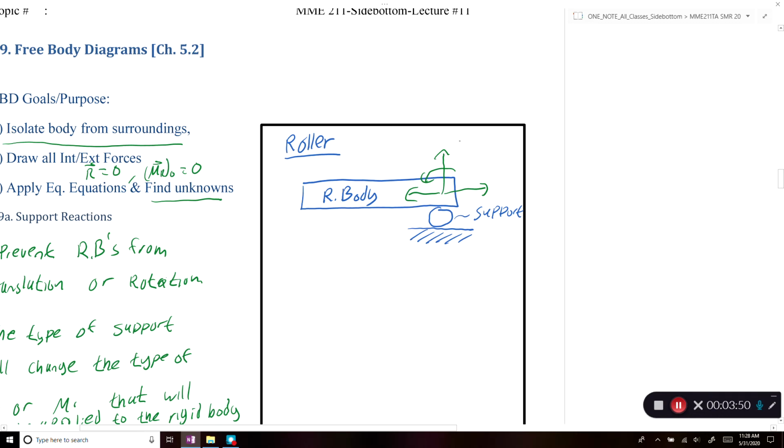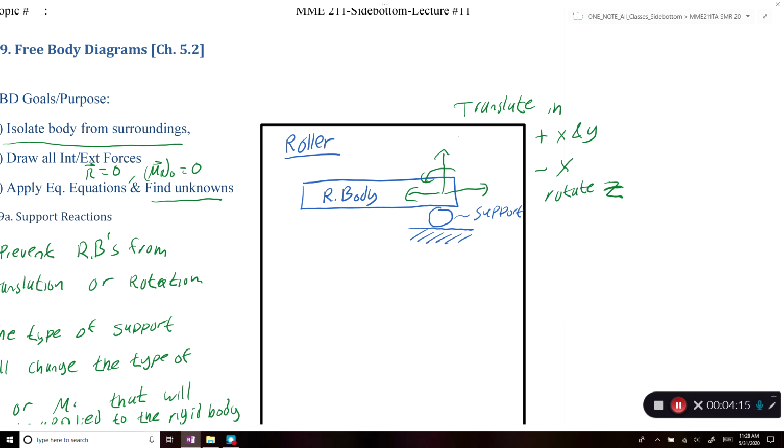We can translate in positive x and y, and it can translate also in the negative x axis. It can rotate about the z-axis. So the only way it cannot move is along the negative y-axis.